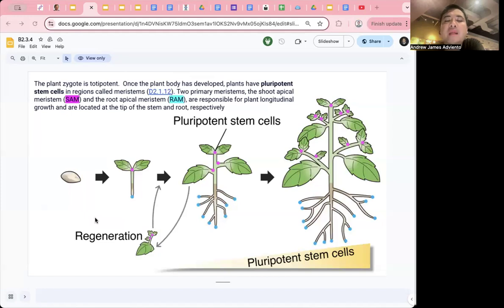Second, pluripotent plant cells. They are found in the shoot and root meristems, and are capable of forming various plant tissues. Third, multipotent plant cells, found in vascular tissues, producing only specific cell types like xylem or phloem.